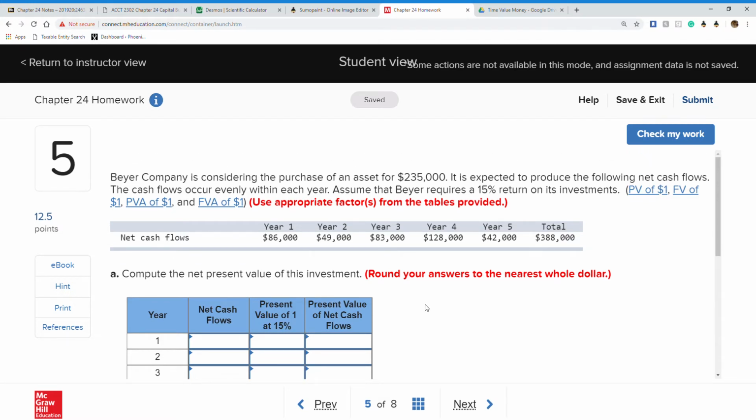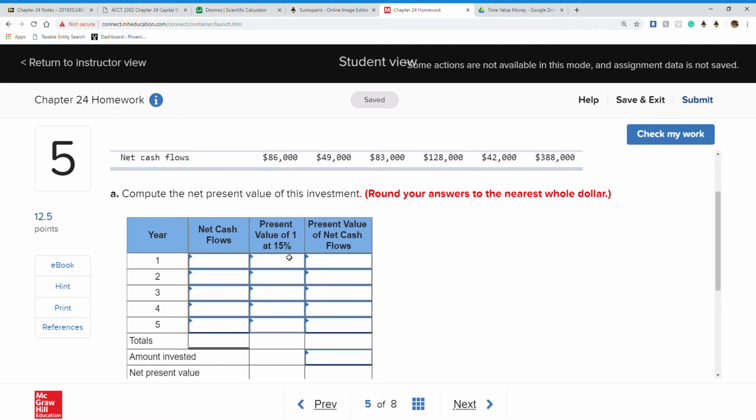So, with this being said, the way to answer this question is first, put in your numbers in the net cash flows. So, year 1, year 2, and so forth and so on.